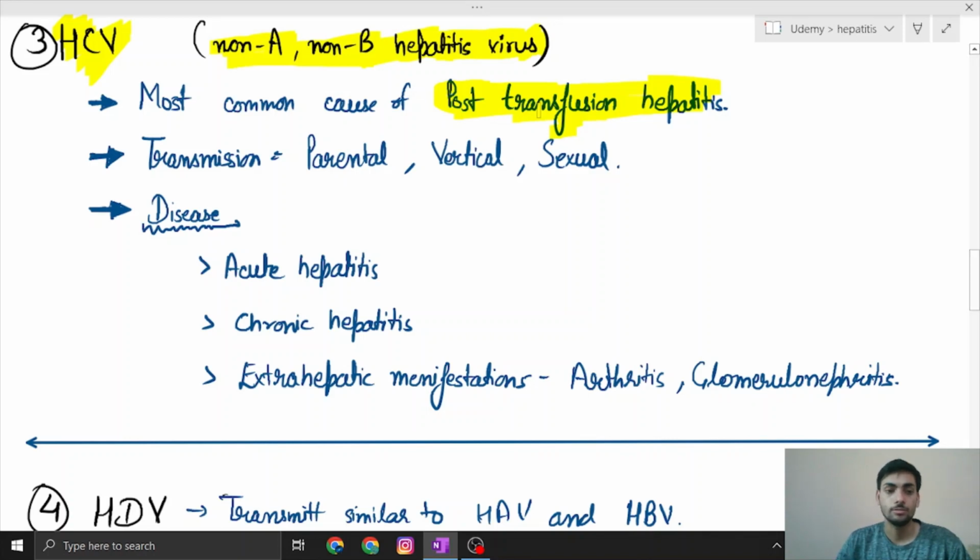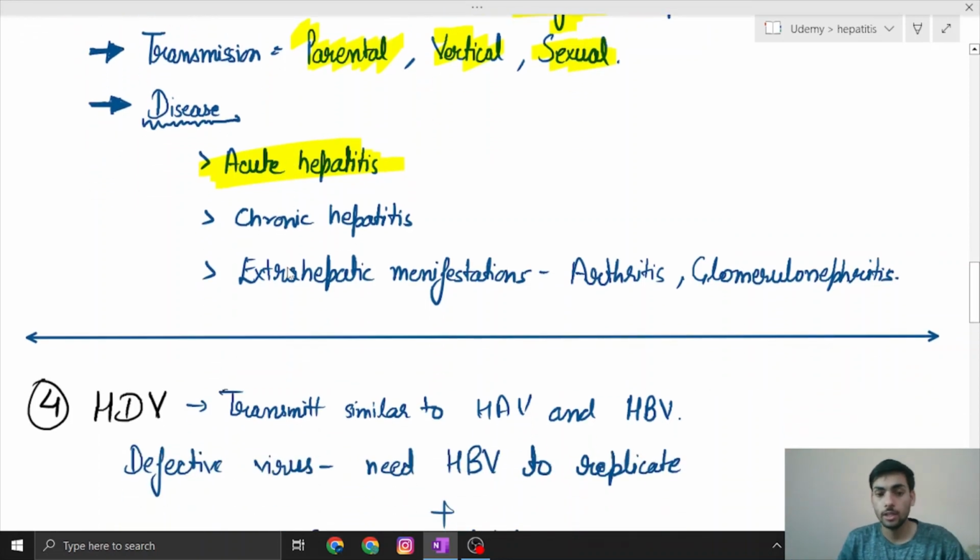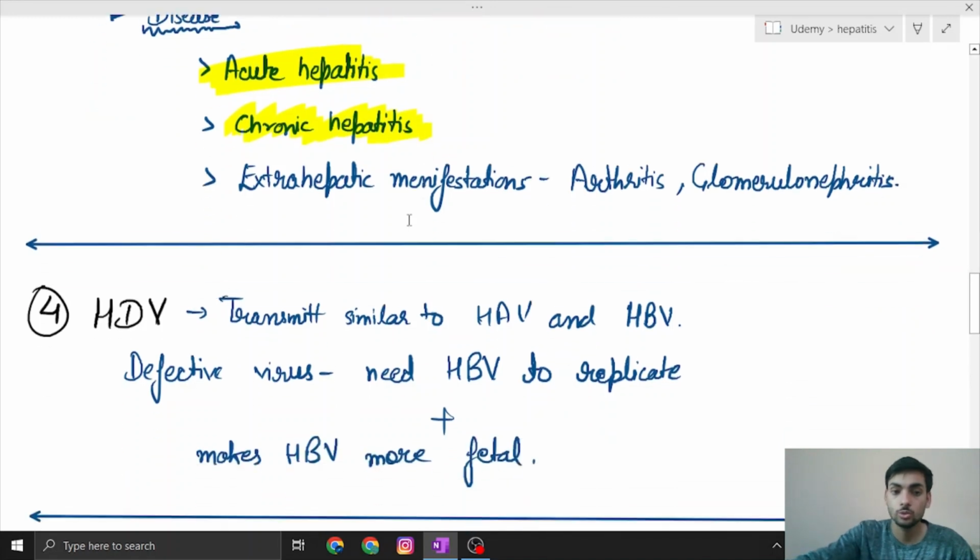The transmission is basically parenteral, vertical and sexual also. It causes acute hepatitis, meaning hepatitis for a short time with short-time jaundice, and can develop into chronic hepatitis also. So a person may suffer from this hepatitis for a longer time, from months to years.